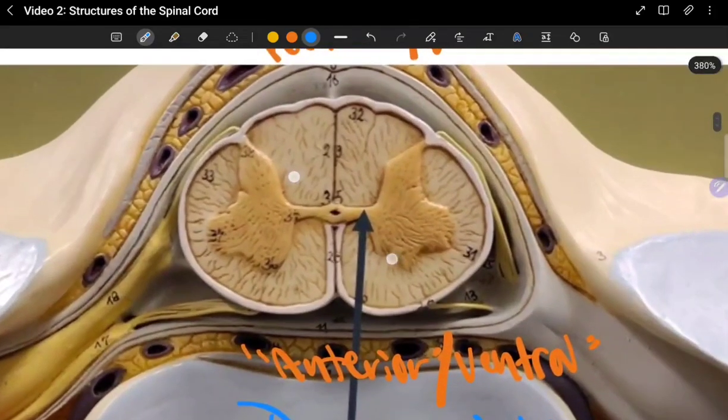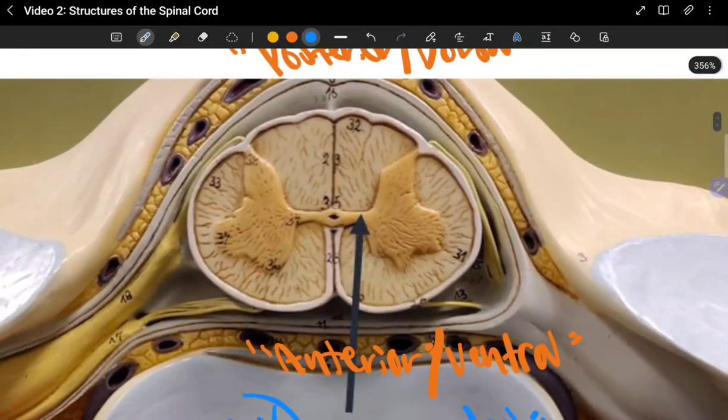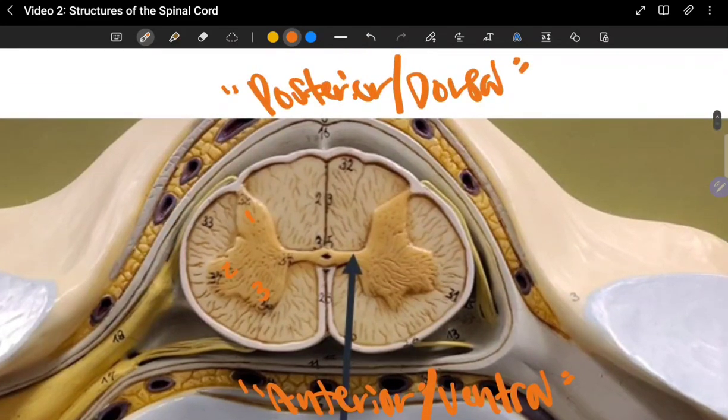We're going to zoom in now on that area of gray matter. And we have to talk about horns. So there are 3 horns we need to know. So I'm going to number them here. Horn number 1 is going to be our posterior horn, which makes sense because it's going to be more towards our posterior side of the spinal cord.